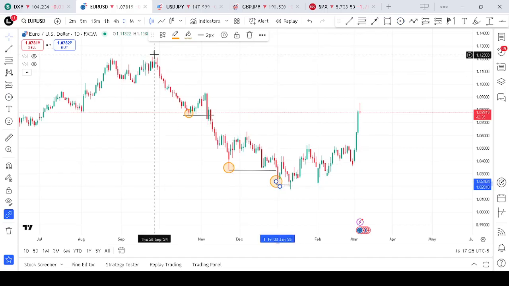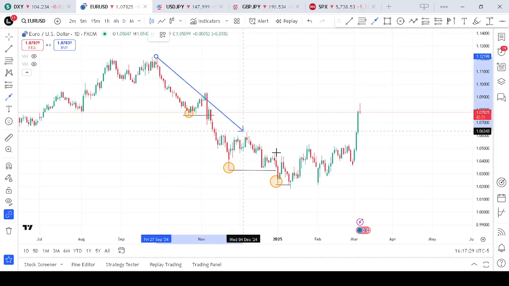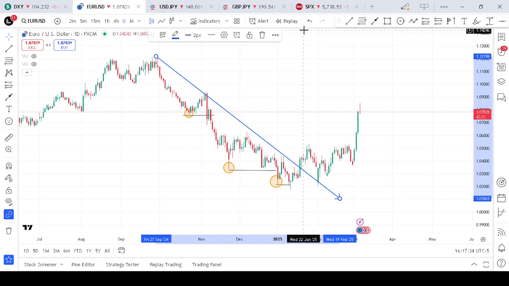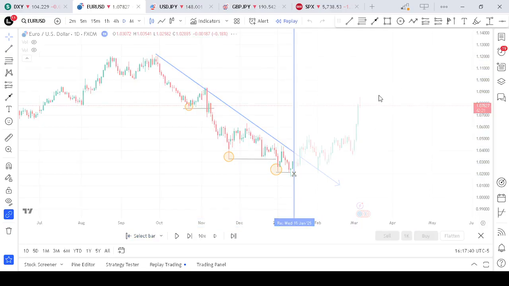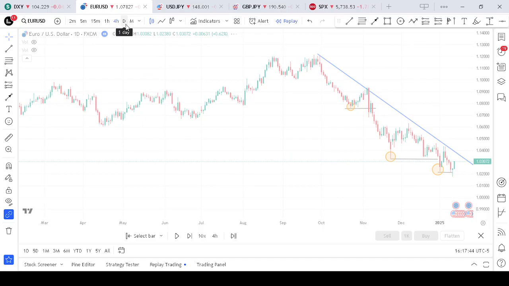Since this is our downtrend, let's analyze using this current downtrend of the market. So we'll go to the 4-hour to observe what the market is doing.